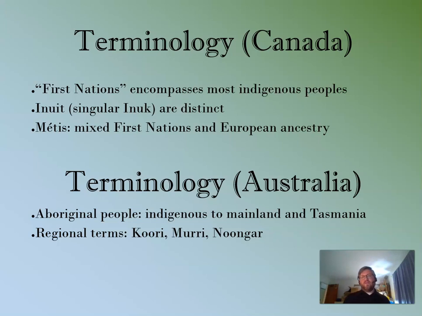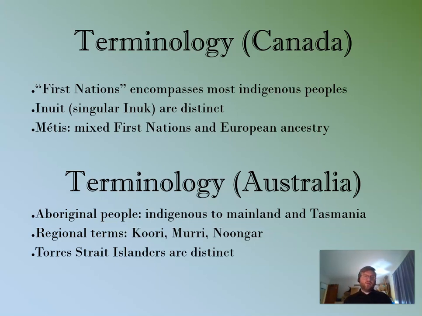So terms that come from Indigenous languages like Koori, Murri, Noongar, and I won't get into right now exactly which regions and what those cover and so forth. Just making you aware if you are digging into an Australian case study and you run across some of these terms. These are terms in Indigenous languages referring to Indigenous people in Australia.